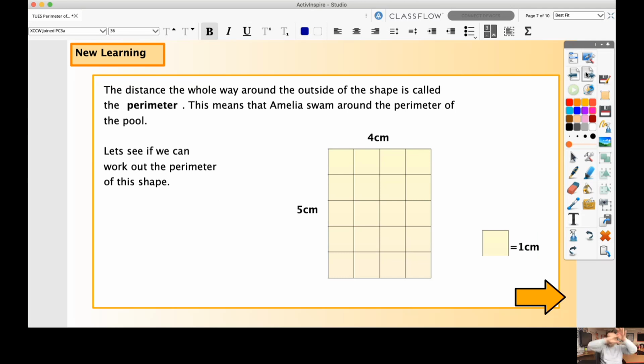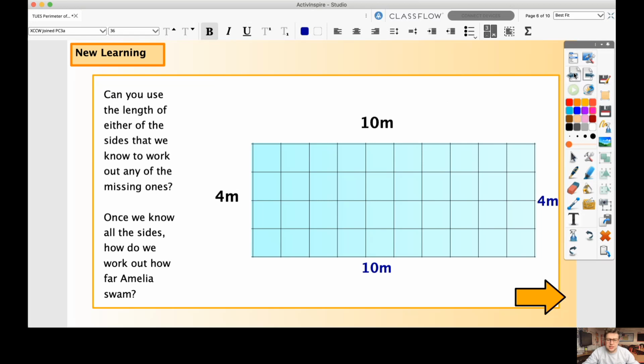So the distance, the whole way around the outside of a shape, is called the perimeter. Now that means that Amelia swam the perimeter of the pool. And the way that I work this out is I need to add all of those lengths together. So I need to do 10, add 4, add 10, add 4. I want to add them all together.